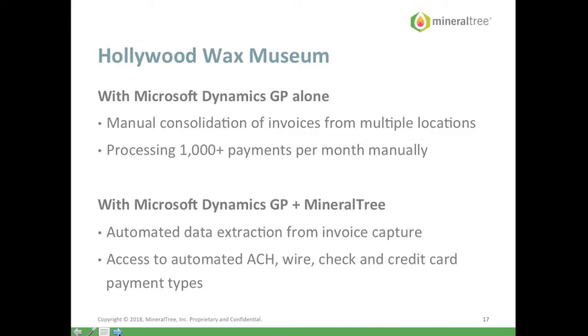So you're able to have your headquarters receive all the invoices, have the data automatically extracted, so no more manual data entry, and the approvers at each location are also able to sync back to do approvals by email or access on their mobile phone through their email. And it's a much easier way to process invoices and capture the approvals.